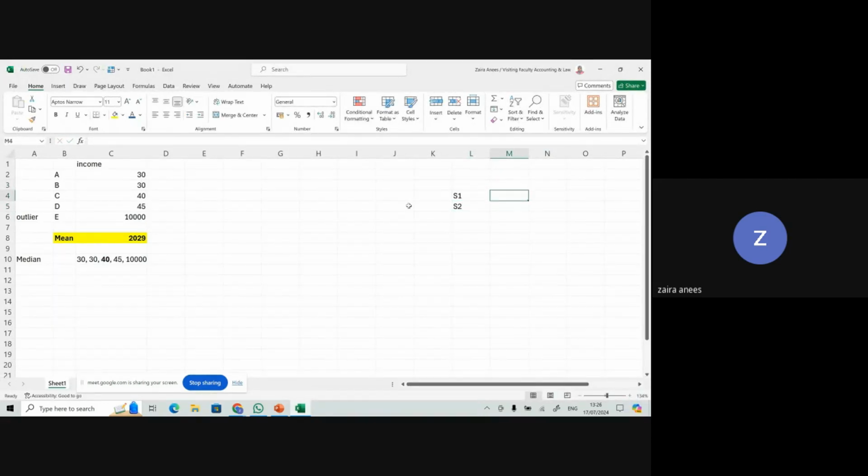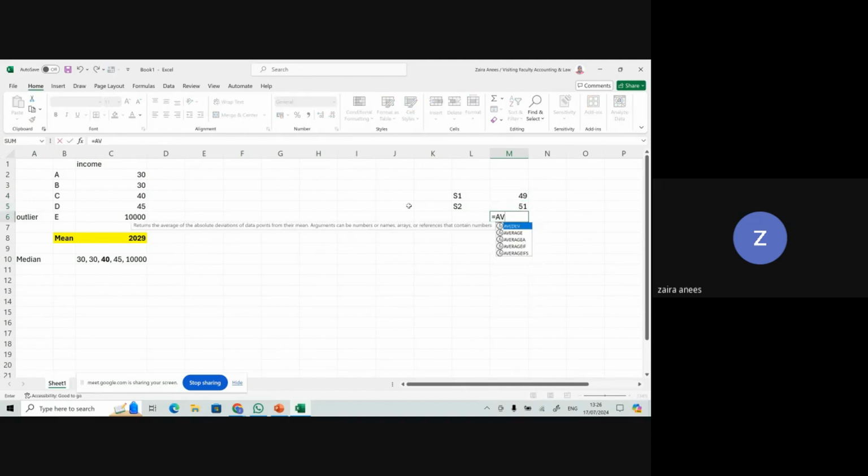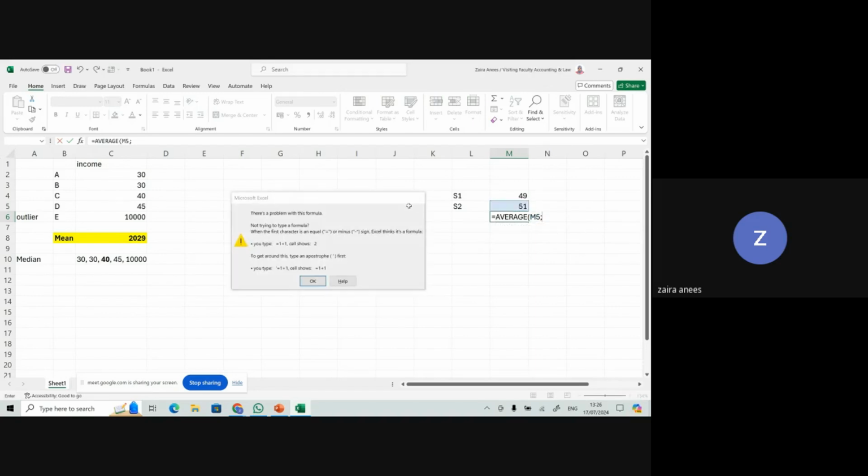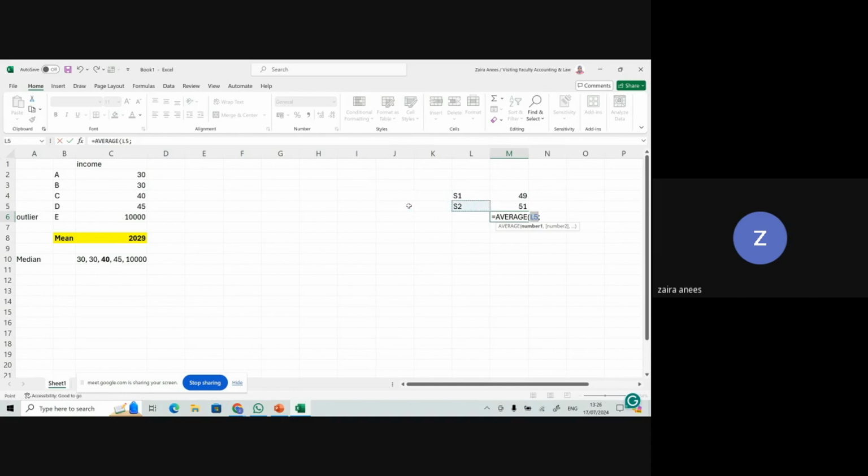One student got 49 marks and the other student got 51 marks. If you want to calculate the average of these two figures, you will get 50, right?